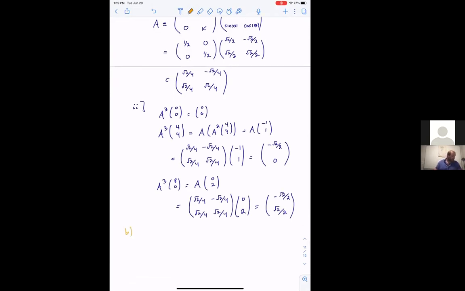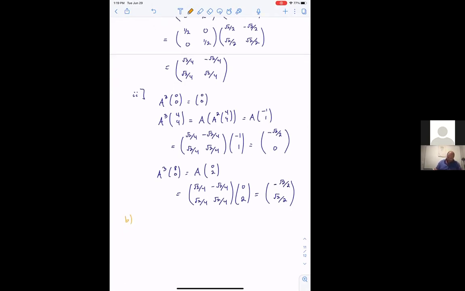Part B. It says the nth x and y values are some matrix times the initial x and y values. Part I, write down C sub 1.